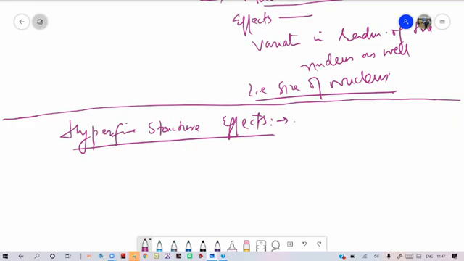The effect of this interaction gives rise to the hyperfine structure effects, or the components which are called hyperfine components in the spectra. These are very small in magnitude, the intensity of the components is very weak, and they have been observed experimentally by very highly precise experiments.